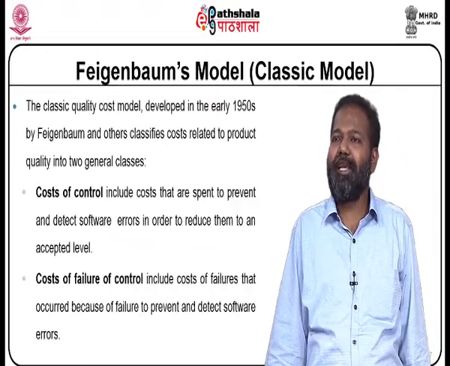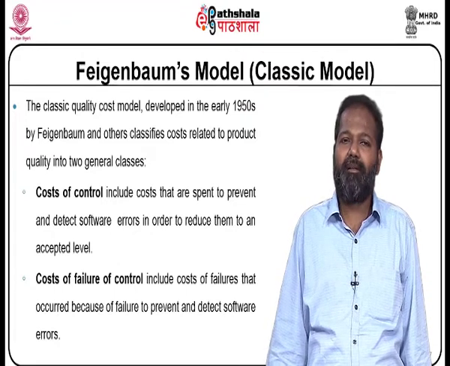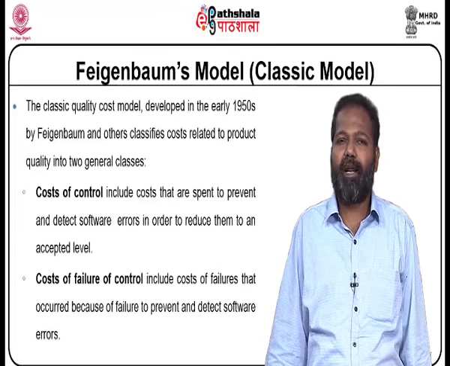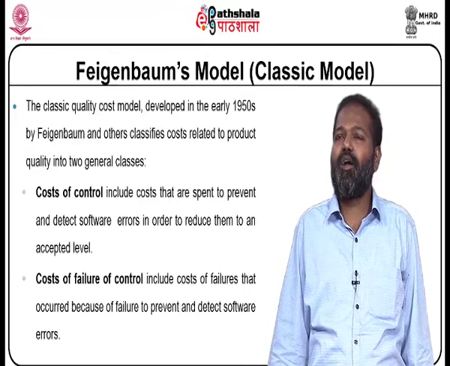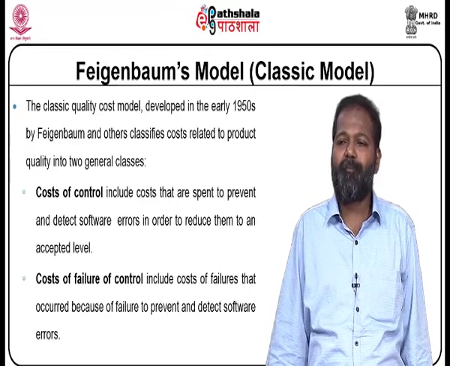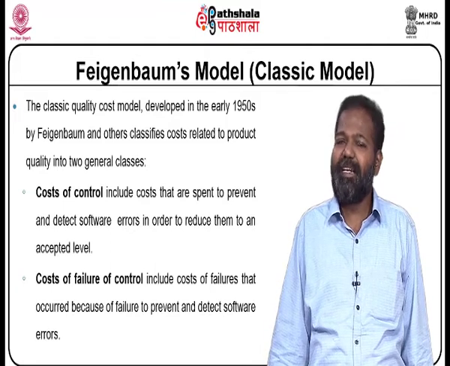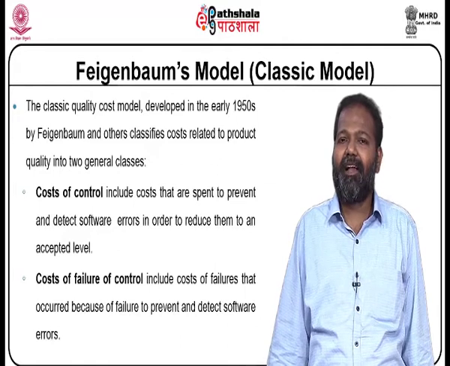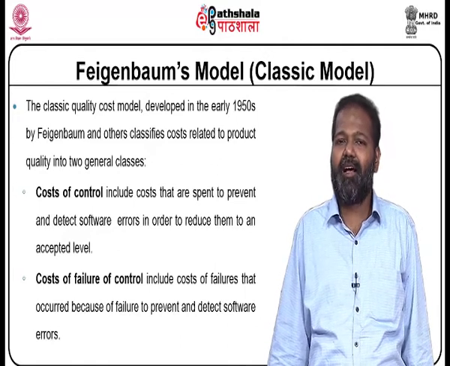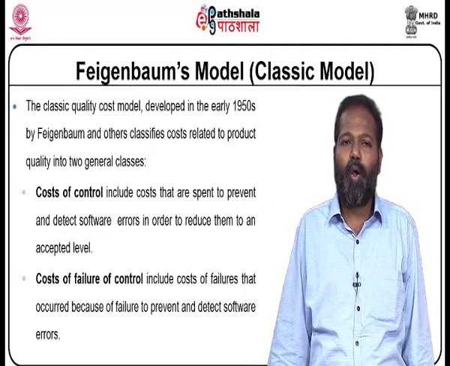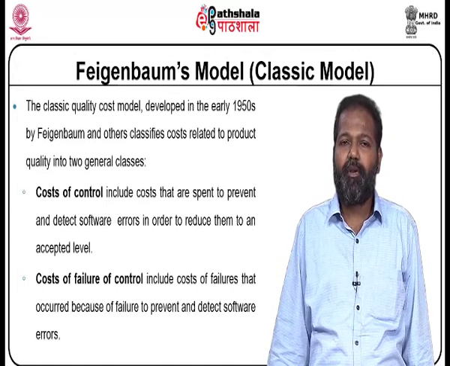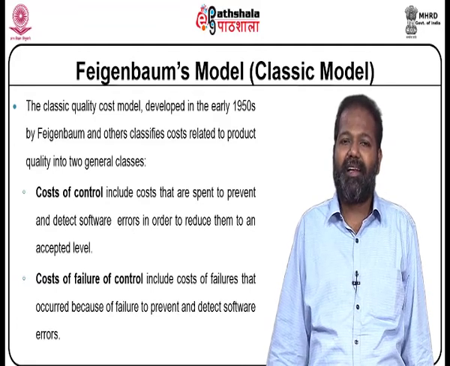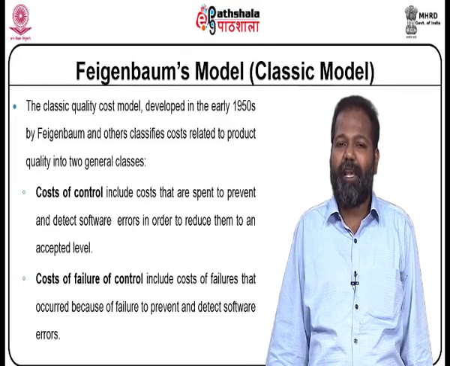Now, let us look into the classic model, which is also named as Feigenbaum's model. The classic quality cost model developed in the early 1950s by Feigenbaum and others classifies costs related to product quality in two general classes: costs of control and costs of failure of control.